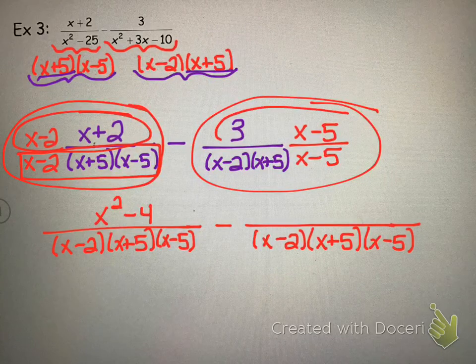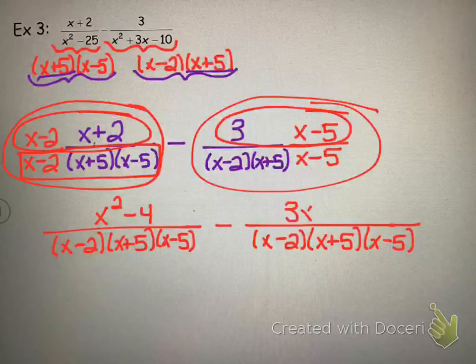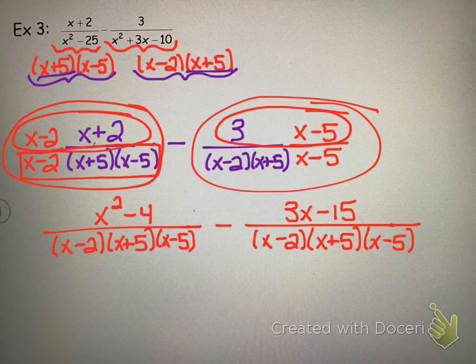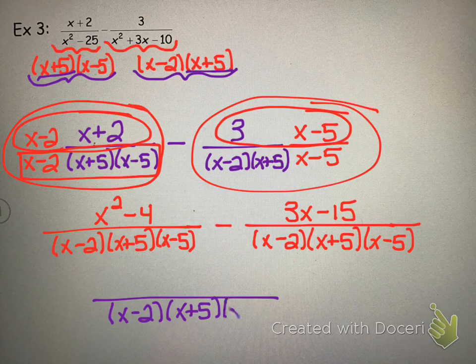And then I will need to distribute to multiply the two numerators together, and I will, of course, get 3x minus 15. And now I need to go ahead and combine the two fractions. So I've got my LCD, x minus 2, x plus 5, and x minus 5.